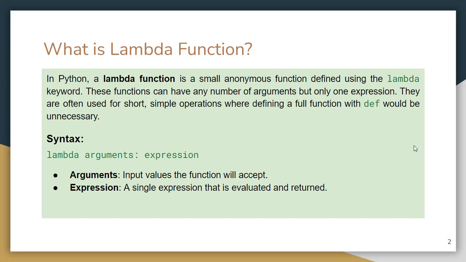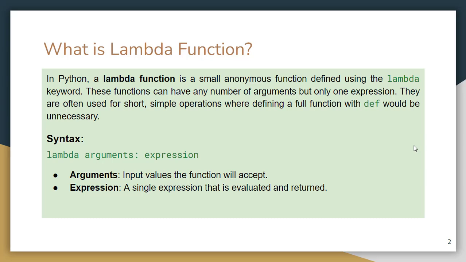Syntax of lambda is you have to use the keyword lambda, then you need to write an argument. Here you can put one argument or more than one argument. After that you need to give a colon and then you need to write the expression.